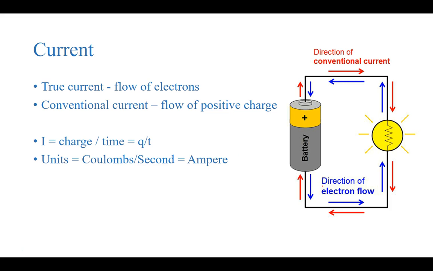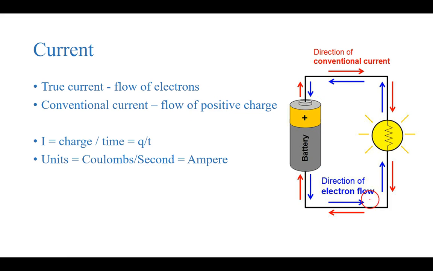There's another term which is referred to as conventional current, and this is the convention. The convention of current that was made way back when used positive charge. This was before they actually knew what was flowing, and they just assumed it was positive. So unfortunately, they never changed to what's actually happened, and we've just kind of stuck with conventional current.